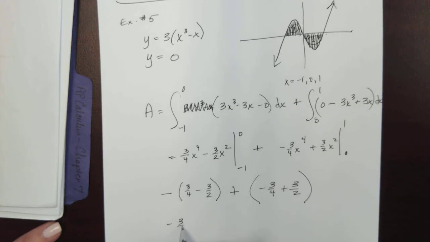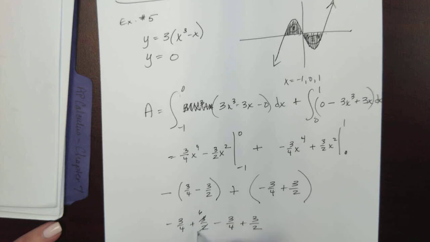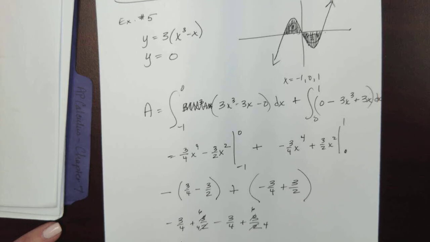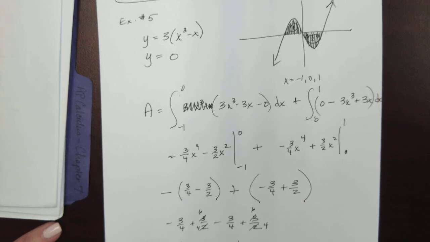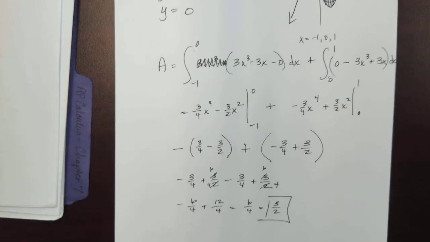So negative 3/4 plus 3/2 minus 3/4 plus 3/2. Well, this is 6/4, 6/4. So I have minus 6/4 plus 12/4 equals 6 over 4, which is 3/2. Make sense?